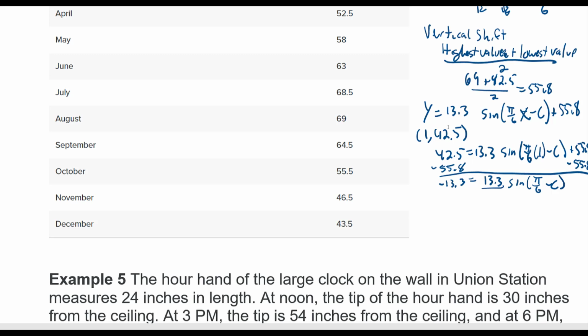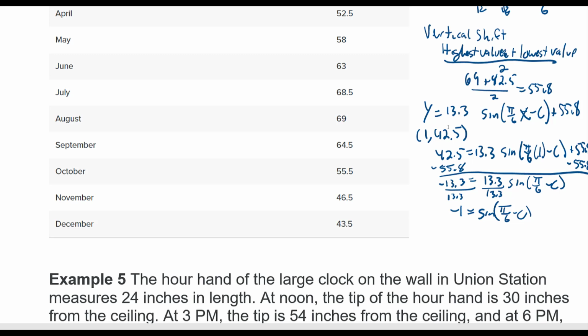If I divide by 13.3, that means negative 1 equals sine of pi over 6 minus c. Okay, so sine of what makes negative 1? It would be 3 pi over 2 or negative pi over 2.